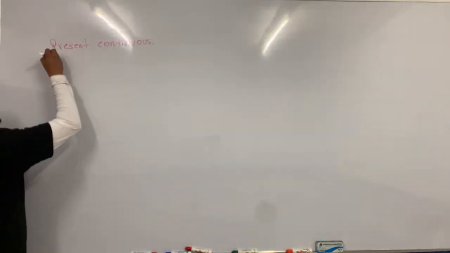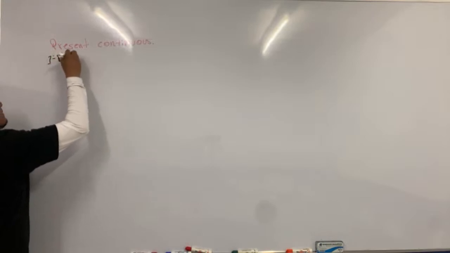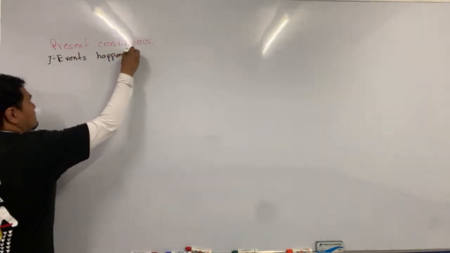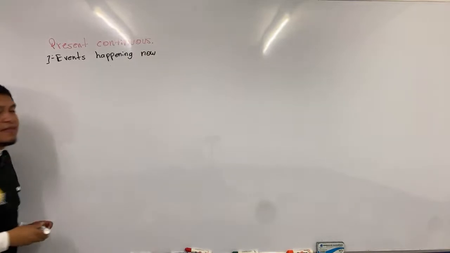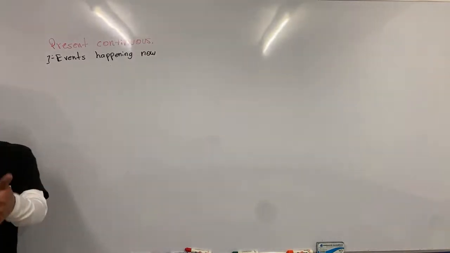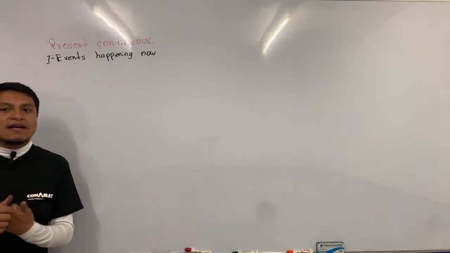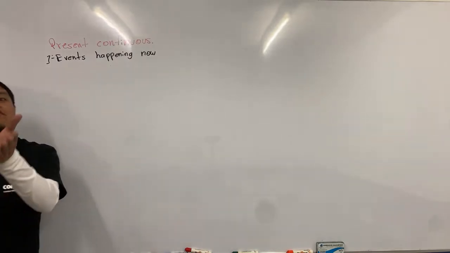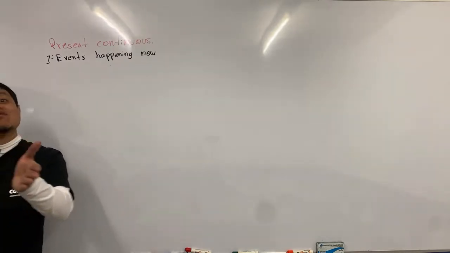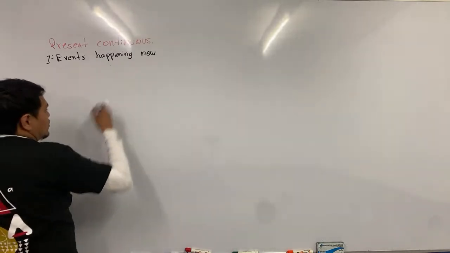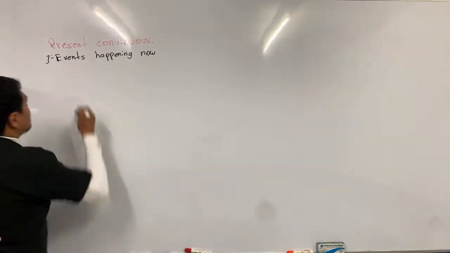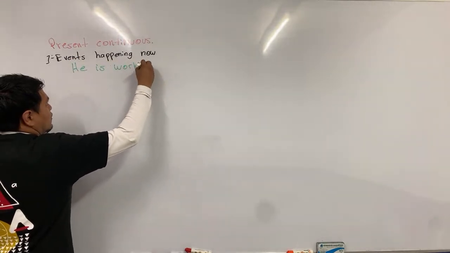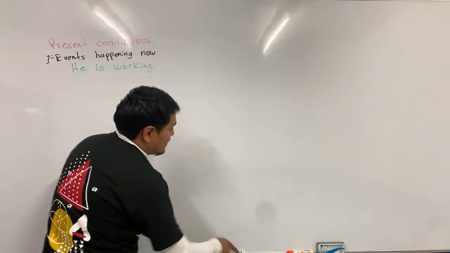First, events happening now. The present continuous is used to talk about actions happening at the moment of speaking. For example, don't disturb the artist. He is working.